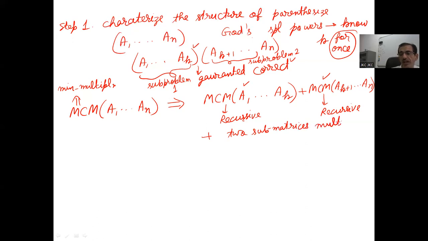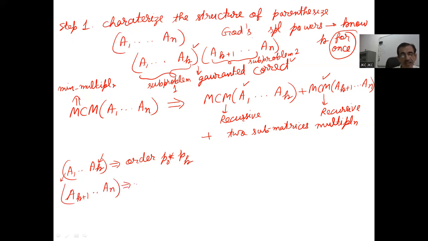That solution is also needed because A1 to AK multiplied results in a new matrix whose order is the rows of A1, that is P0, and columns of AK, that is PK. Similarly, AK plus 1 to An multiplied leads to a new matrix with PK rows and PN columns.